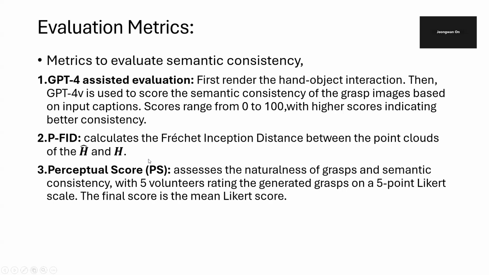And then they use PFID and perceptual score. Perceptual score assesses the naturalness of the grasps and semantic consistency, with 5 volunteers rating the generated grasps on a 5-point Likert scale. The final score is the mean Likert score.